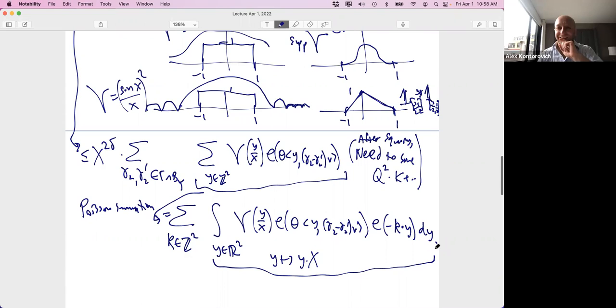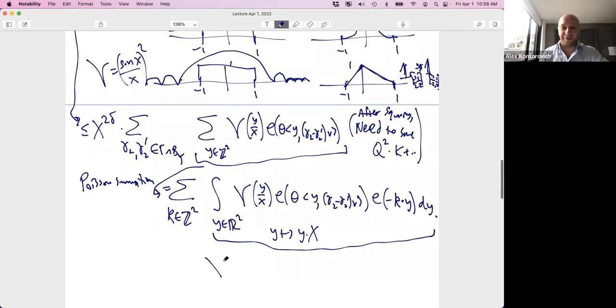X times dy? X times dy would be correct if we were in one variable, but I'm rescaling each of the variables by x. Y is in R^2, so we get x squared. X squared, exactly. So a factor of x squared comes out.